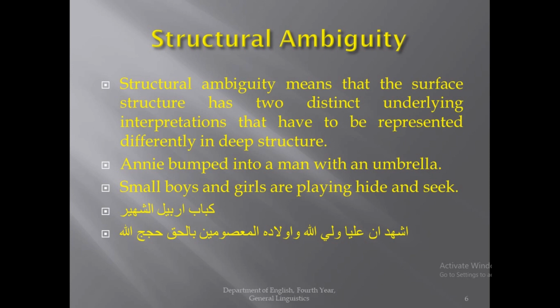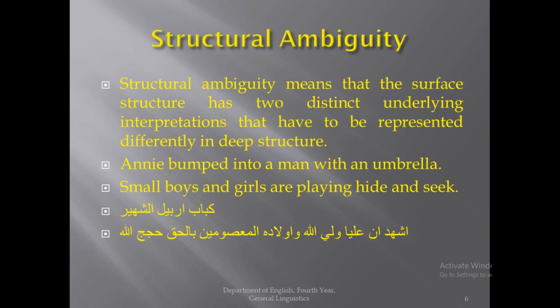Now logically speaking, the meaning is crystal clear. How can we interpret the meaning? Of course, we can interpret that the Kabab is the famous one, and al-ma'sumin bil-haq are both the hujaj Allah.